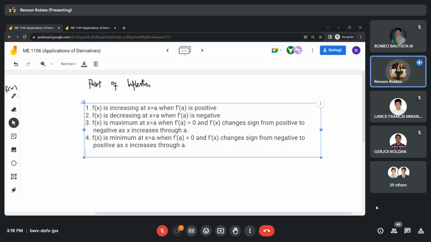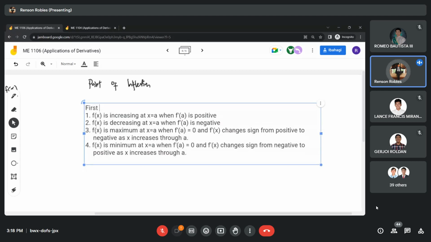Right? And then, this is what you call the first derivative test. So you can see that they are all first derivative. Okay? And then, the second derivative test, you can easily identify whether the function is relative minimum or relative maximum.